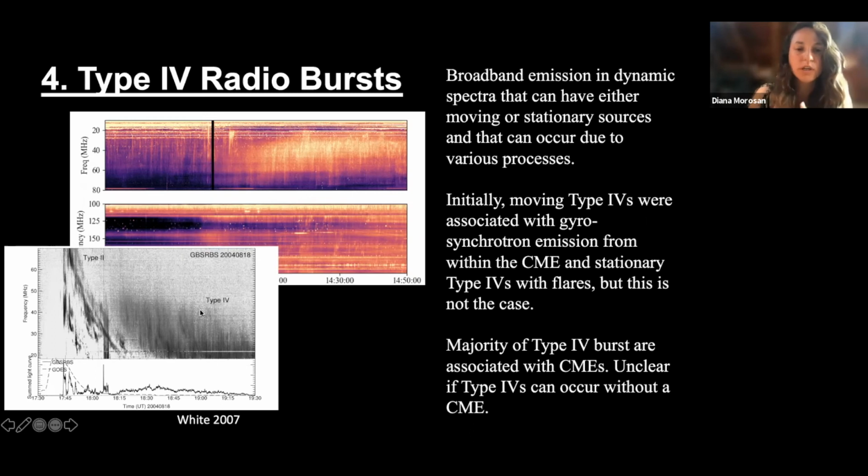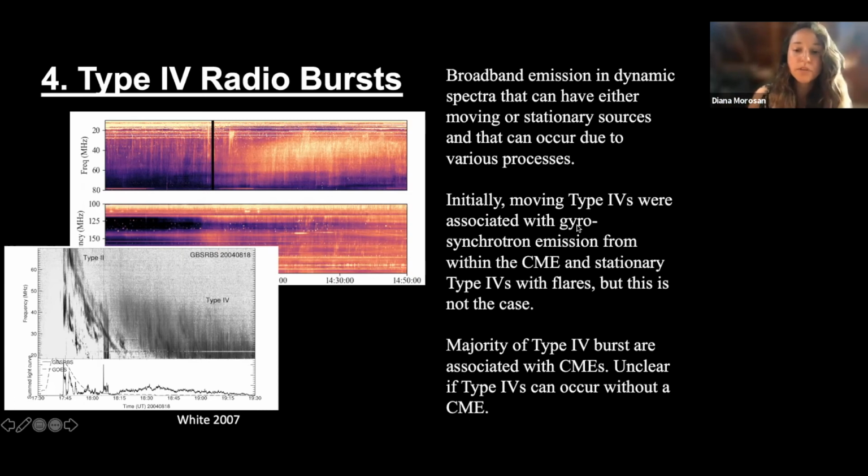They grouped them all into one category called type 4. And initially, they believed that if you image them, the source can either stay put or move. And initially, they believed that moving type 4s were associated with gyrosynchrotron emission from inside CMEs, so moving outwards with magnetic clouds or CMEs, and stationary type 4s were associated with flares because they weren't moving anywhere. But this is no longer the case.